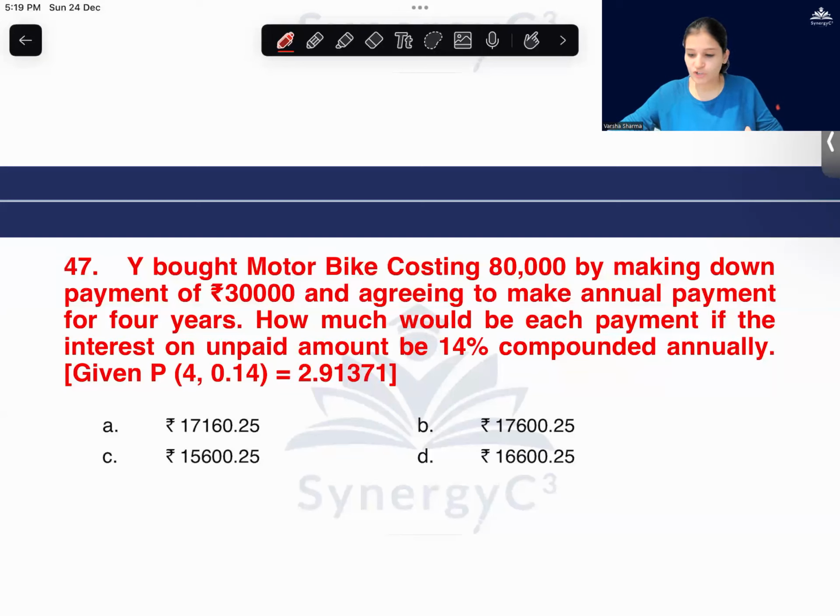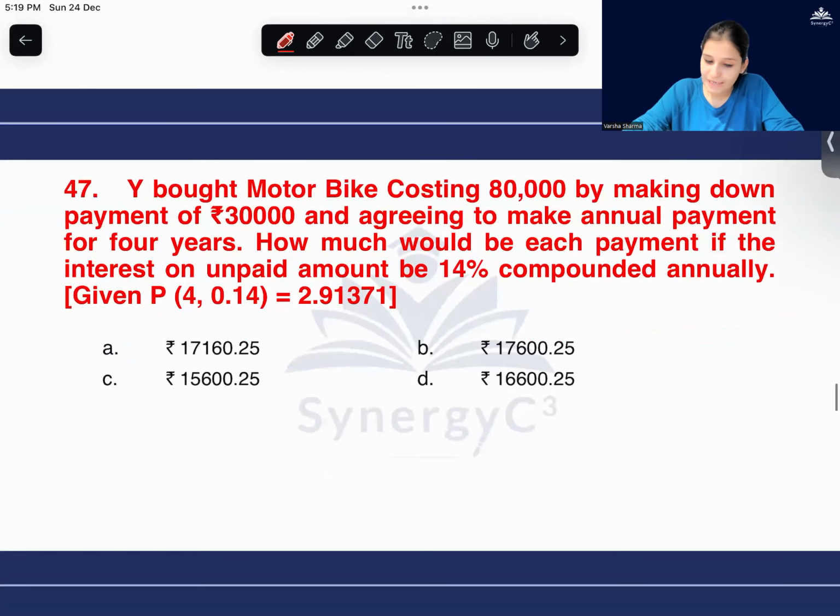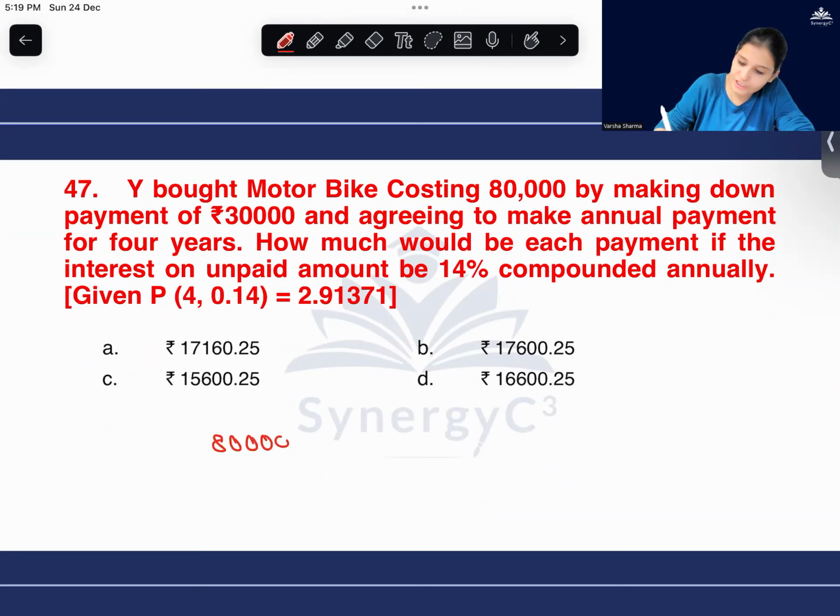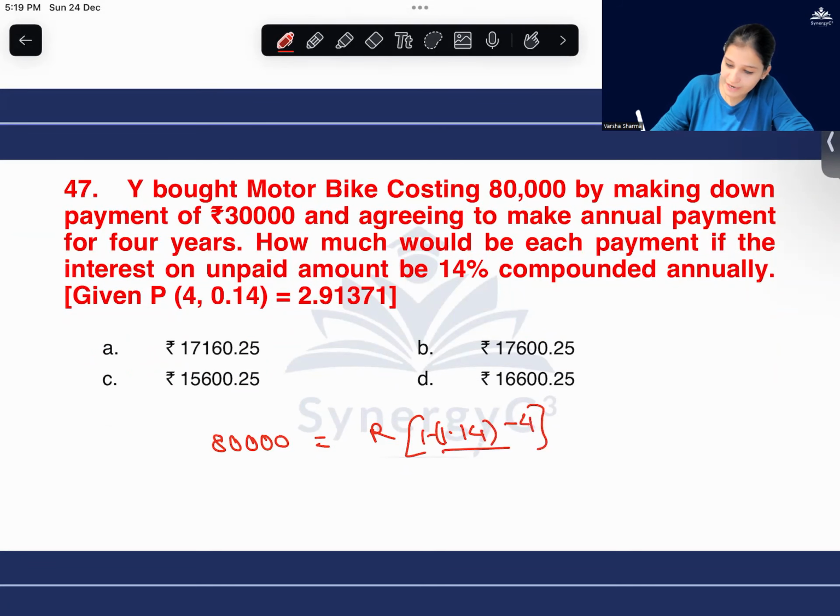So he bought a motorbike costing 80,000 by making a down payment of 30. So from 80, we have already made a down payment of 30. So that means the loan amount is 50. Making annual payment for 4 years. How much would be each payment? That means you have to find annuity. So it's ordinary annuity. Compounded annually, so 1 minus 1.14 to the power minus 4 divided by 0.14.